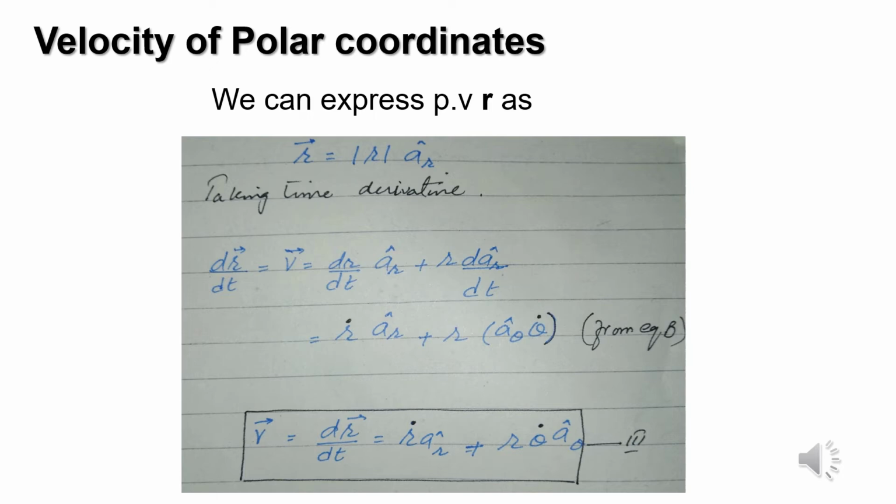V vector is equal to dr over dt is equal to r dot AR unit vector plus r theta dot A theta cap. Giving that equation number 3. Students working with the polar coordinates, here you have understood clearly. Now moving up to the next.